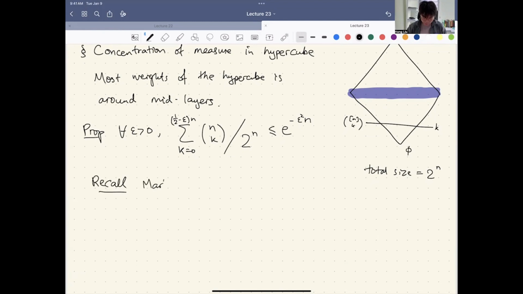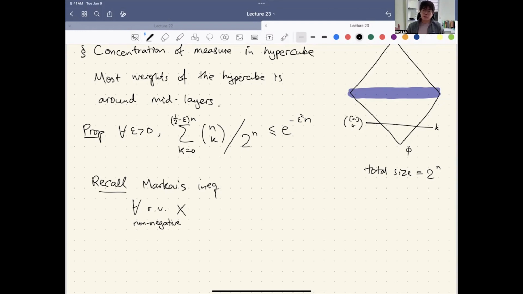Markov inequality is saying that for any non-negative random variable x, it doesn't have to be integer valued. We gave a proof for integer valued non-negative random variable x last time.